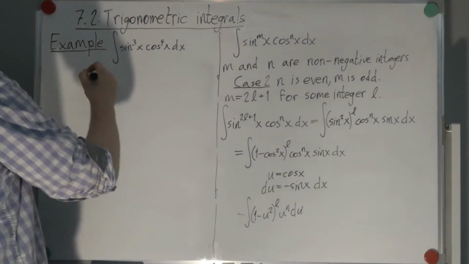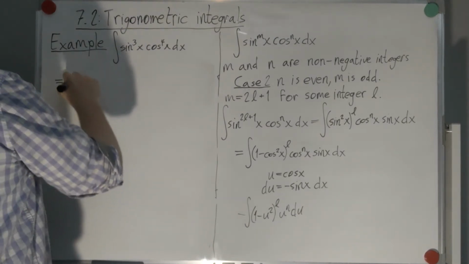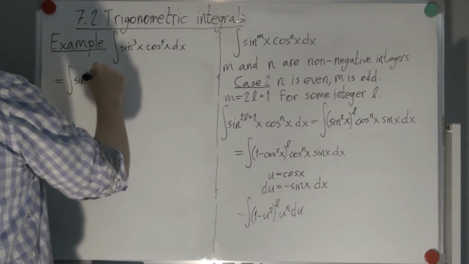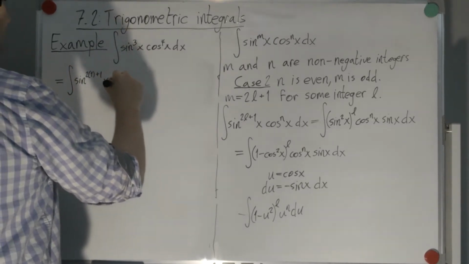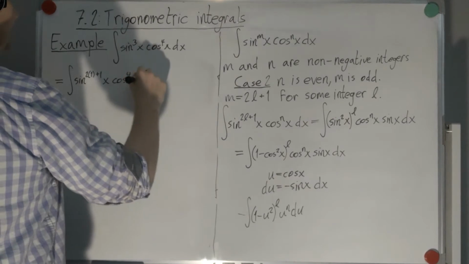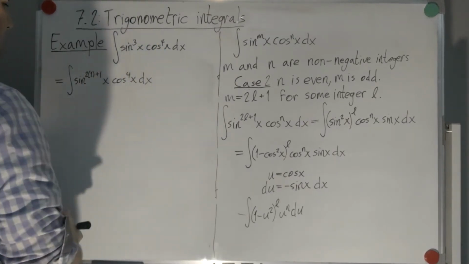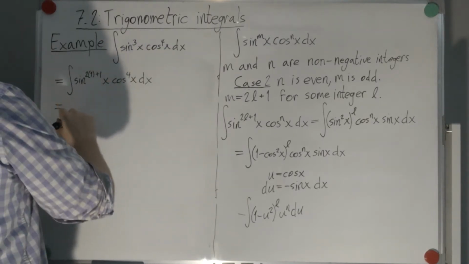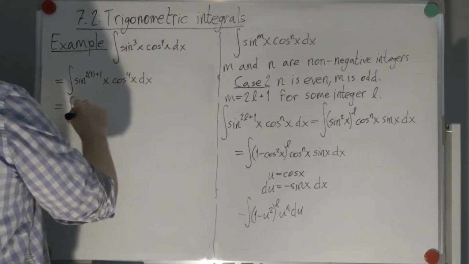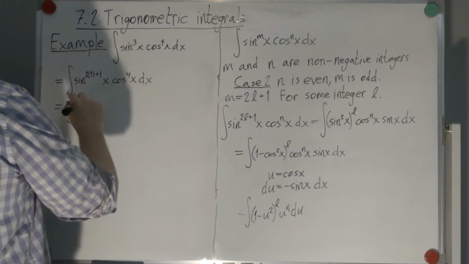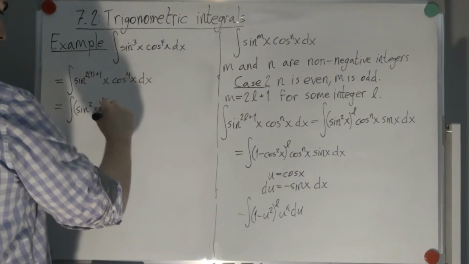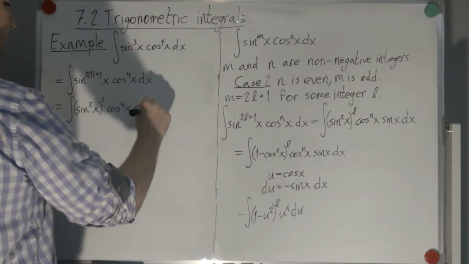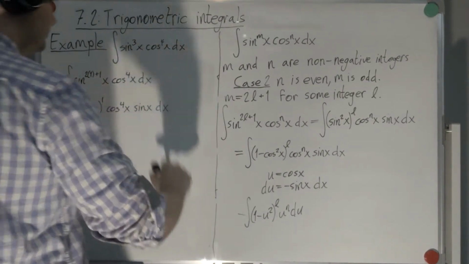That means that this is the same as sine raised to the 2 times 1 plus 1 of x cosine to the fourth of x dx. Once again, we can factor out one sine, so we get sine squared x raised to the 1 cosine to the fourth x sine x dx.